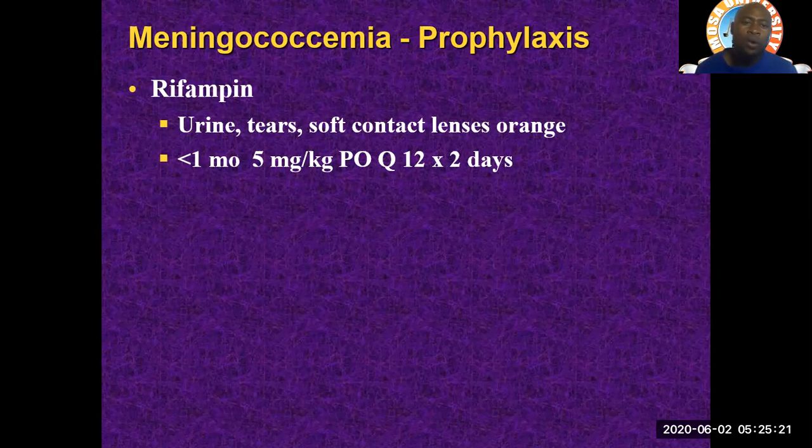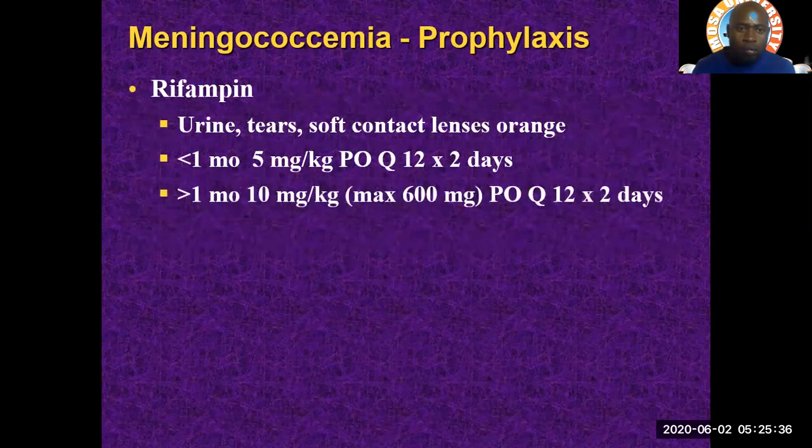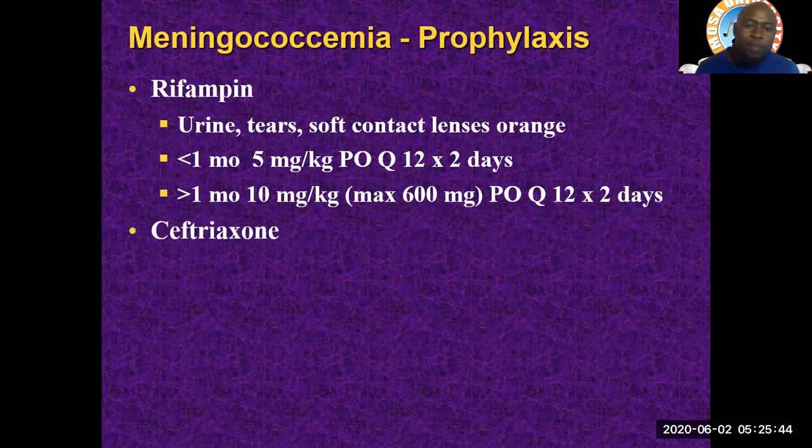Okay, so for those who are less than 1 month, you may give them 5 milligrams per kg orally for 12 days. Also, for those that are greater than 1 month, you give 10 milligrams per kg.